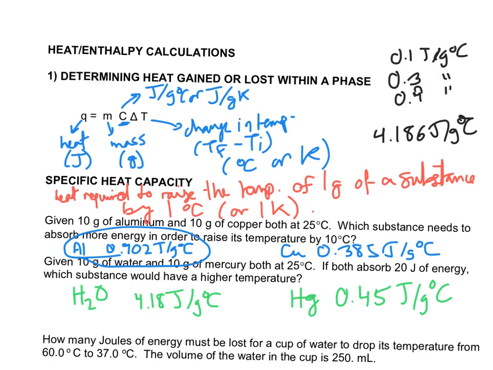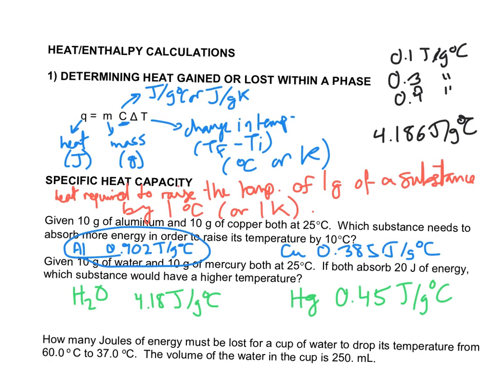So what does that mean? It takes 4 joules of energy to raise 1 gram of water by 1 Celsius. It takes only 0.4 joules of energy to raise 1 gram of mercury by 1 degree Celsius. So if both of them are taking in the same amount of energy, 20 joules, which one would have the higher temperature?